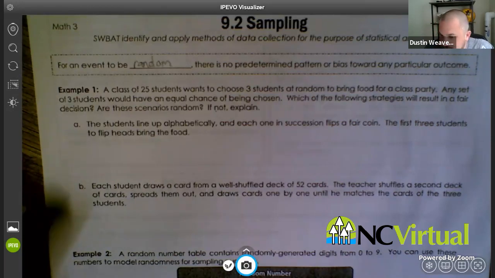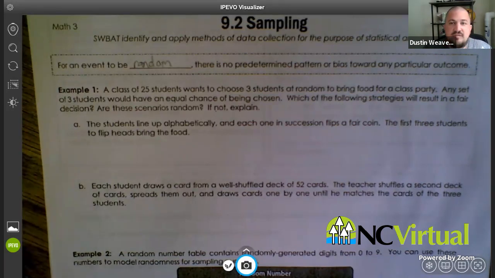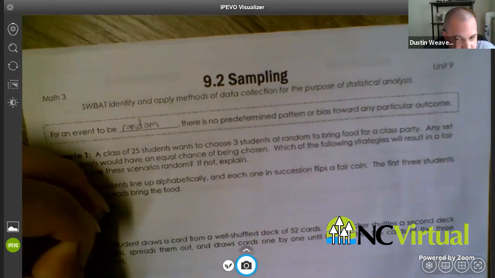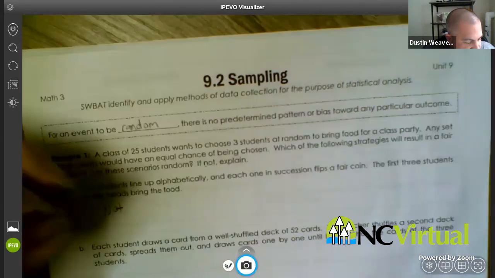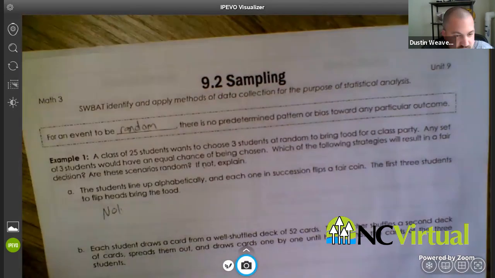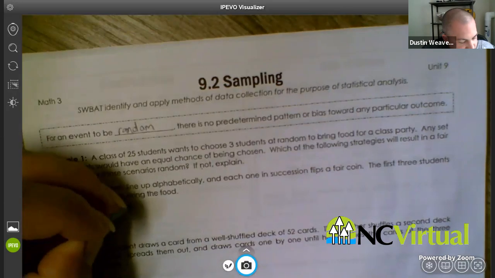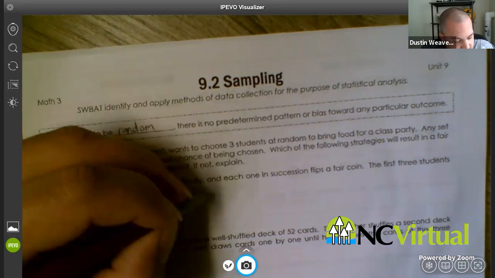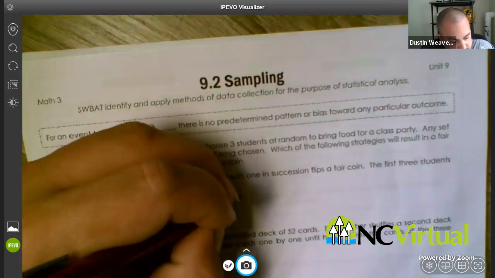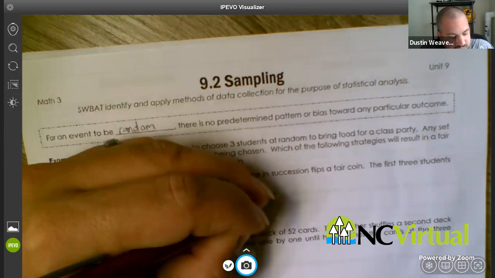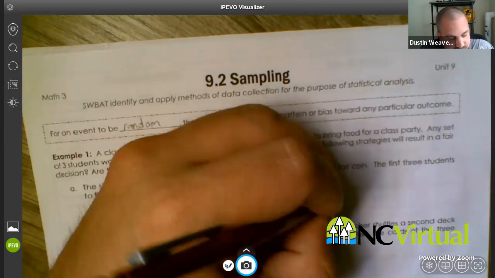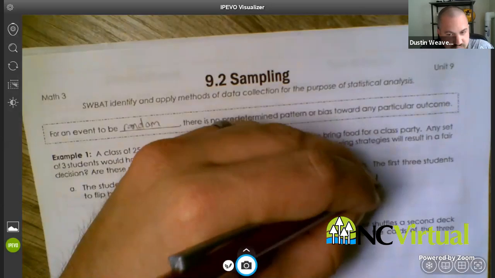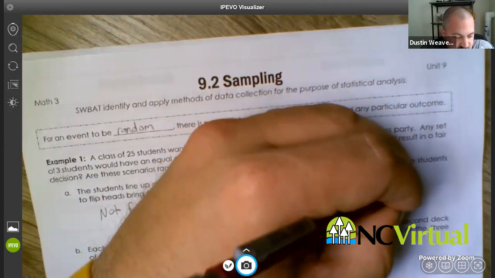Yeah, more than likely, people at the beginning of the alphabet are going to be the ones chosen. So we're going to say this is not fair. People at the beginning of the alphabet are more likely to be chosen.